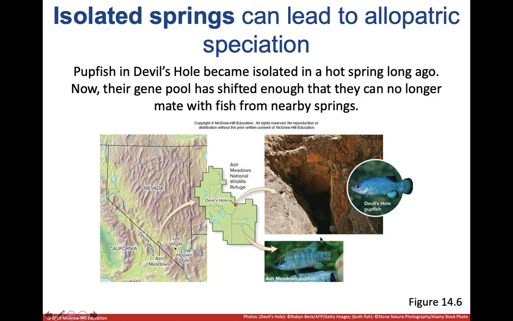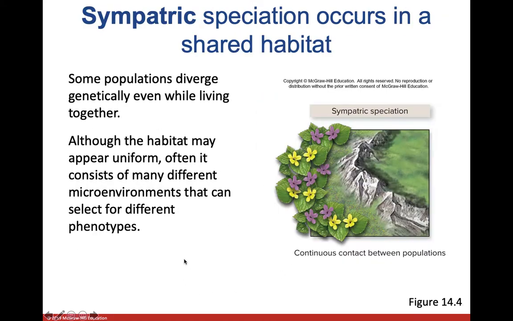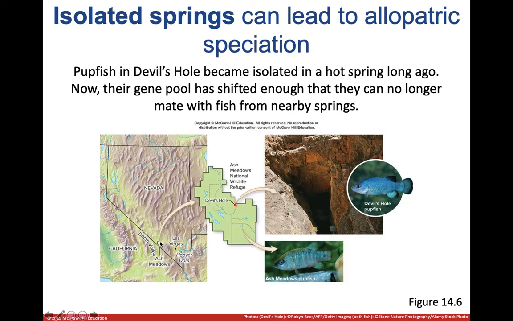Isolated springs and underground rivers and things like that can also lead to allopatric speciation. Caves are great examples of this, especially in the southwestern United States. These little Devil's Hole fish are called pupfish. At one point in time they're found in these little caves and hot springs.